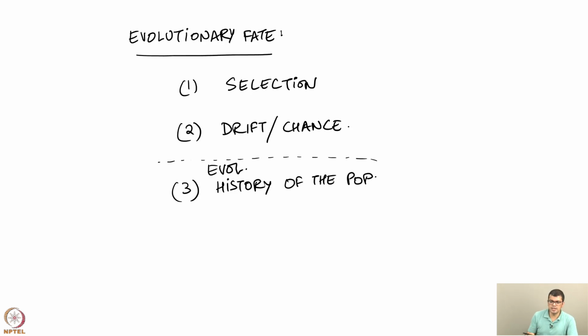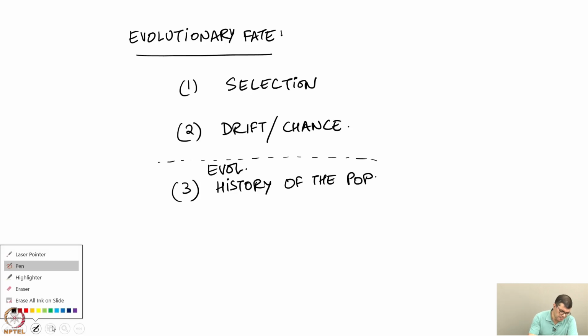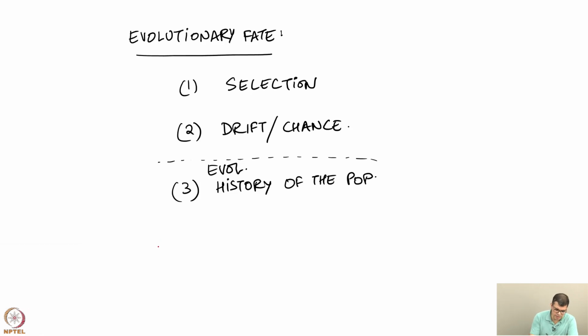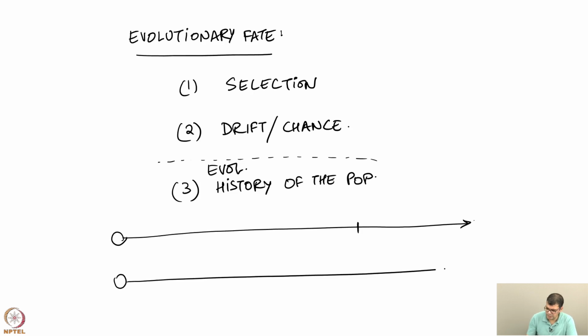And this was abundantly clear in the citrate example, because we saw that you had a line, and the ability to utilize citrate was only possible because in this particular line these potentiating mutations had already happened in its evolutionary history. On the other hand, in these other lines, other mutations had happened which were not potentiating with respect to citrate utilization.